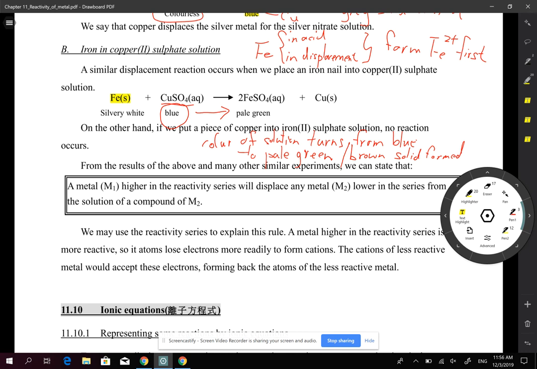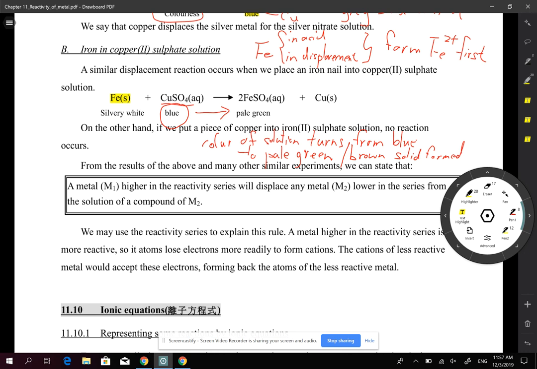We usually use "turns" to describe the changing of color of solutions: turns from a color to another color, from the original blue to colorless.